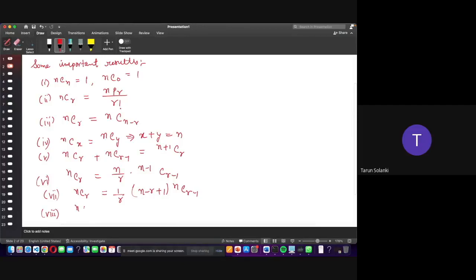Next is nC1 is nC(n-1), which is equal to n. So these are the 8 formulas you need to remember. You can copy them.